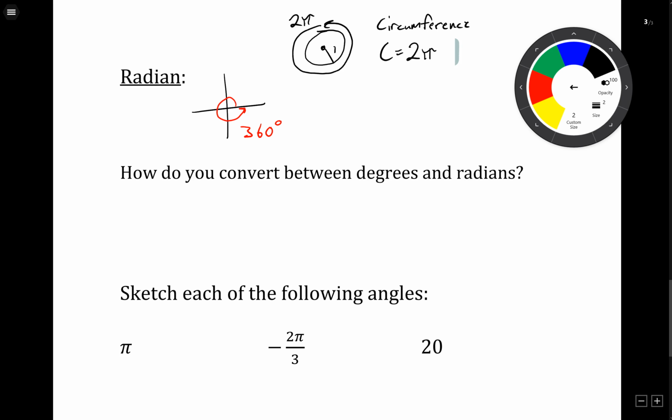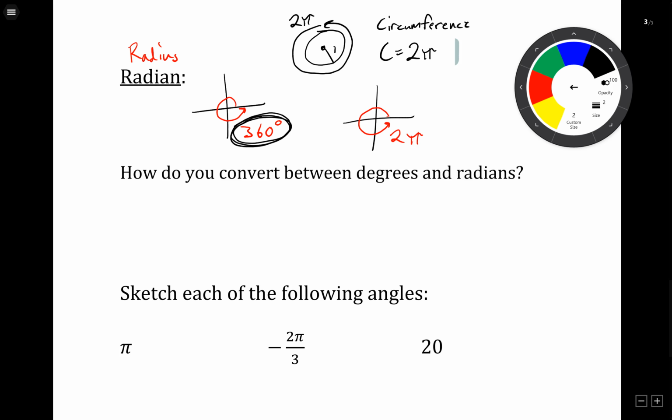So in other words, I could think of the whole way around this circle as 360 degrees, or, and this is what radians are, if we think in terms of radians, it's thinking more like the circle. You kind of see the word radius in there. And with a circle, it's 2 pi to get the whole way around.